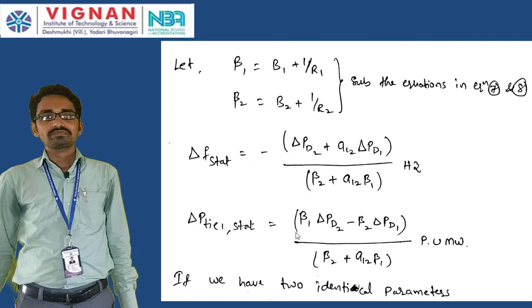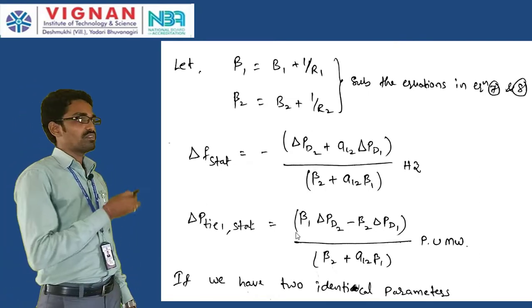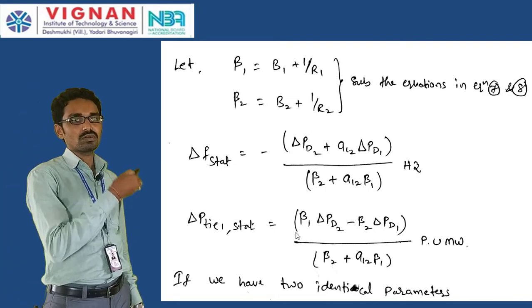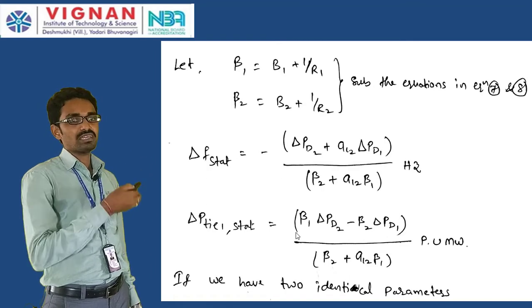Let us consider beta 1 equal to B1 plus 1 by R1, and beta 2 equal to B2 plus 1 by R2.